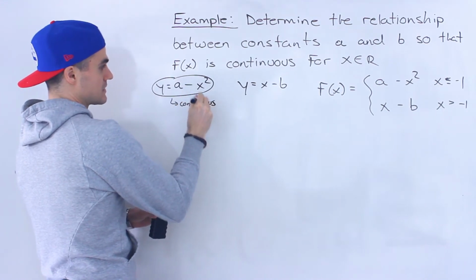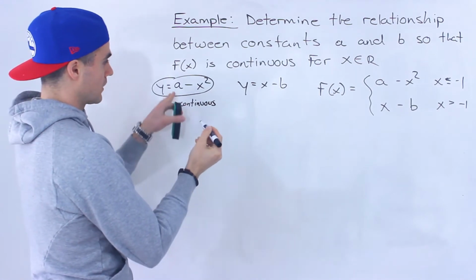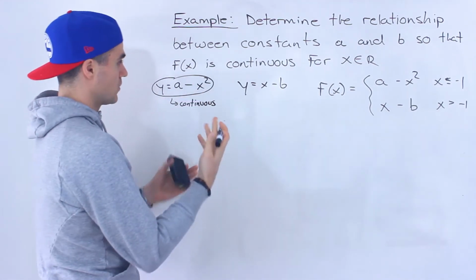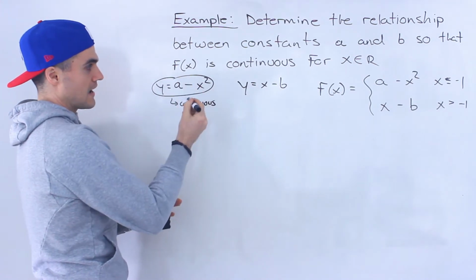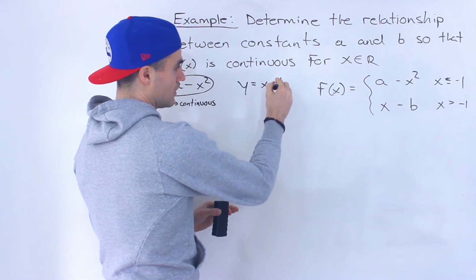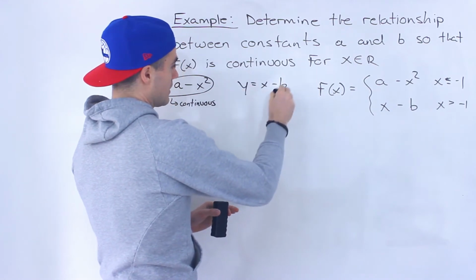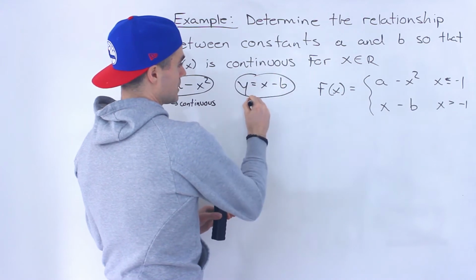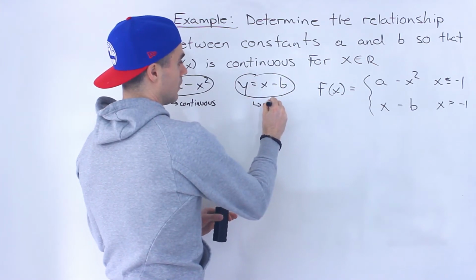Right? Because it's basically going to be a quadratic. We're going to have a constant minus x squared, which is going to be a parabola that opens down. Then over here we have x minus a constant. So this here is going to be a line, and that's always going to be continuous as well.